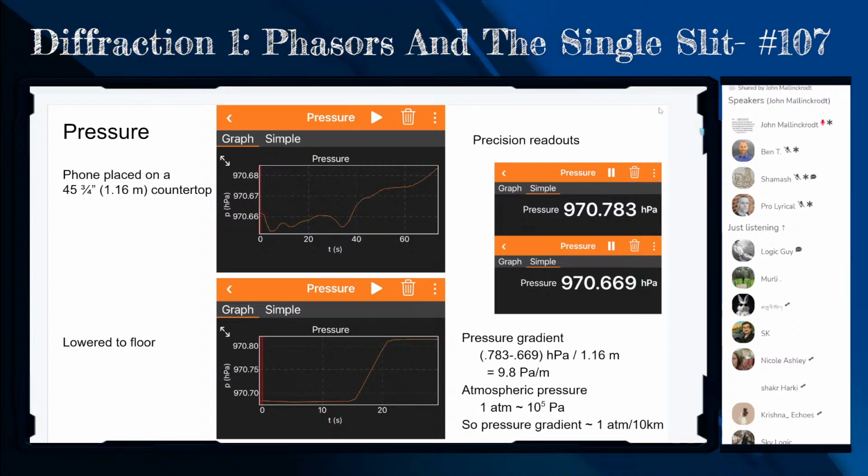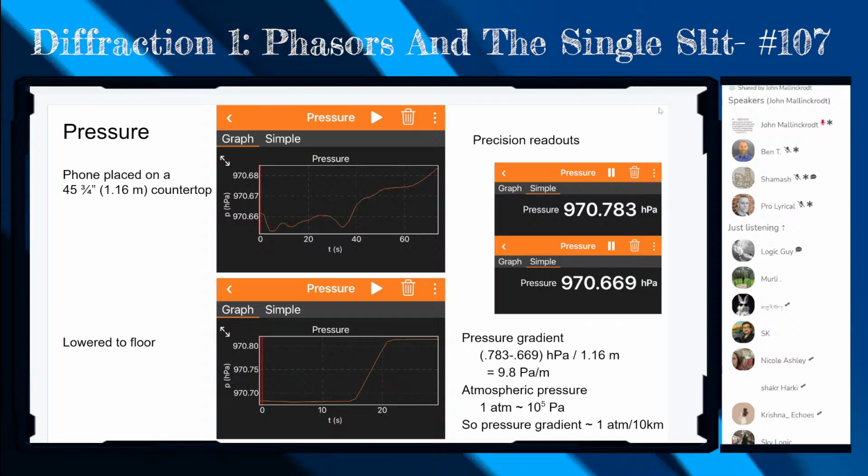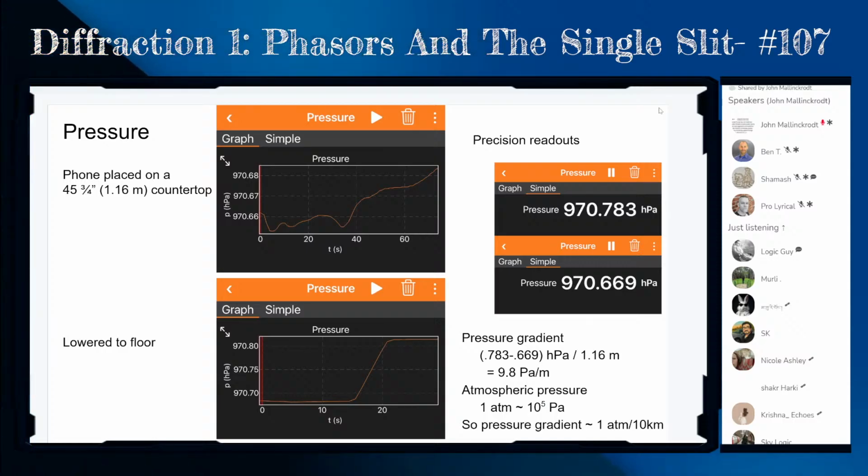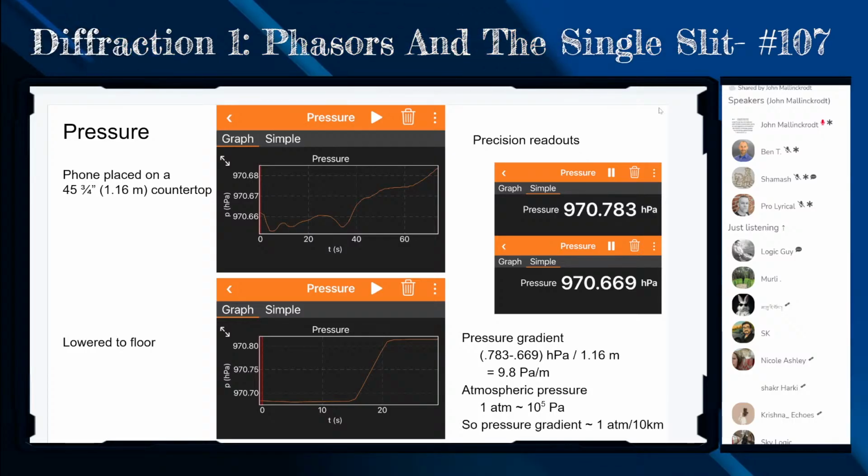Notice that those variations are on the order of 1/100th of a so-called hectopascal. Now, a hectopascal is 100 Pascal, but I'm not going to worry too much about that. Just notice that the variations here are in the 5th digit, almost the 6th digit, because that number is close to 1,000, right?